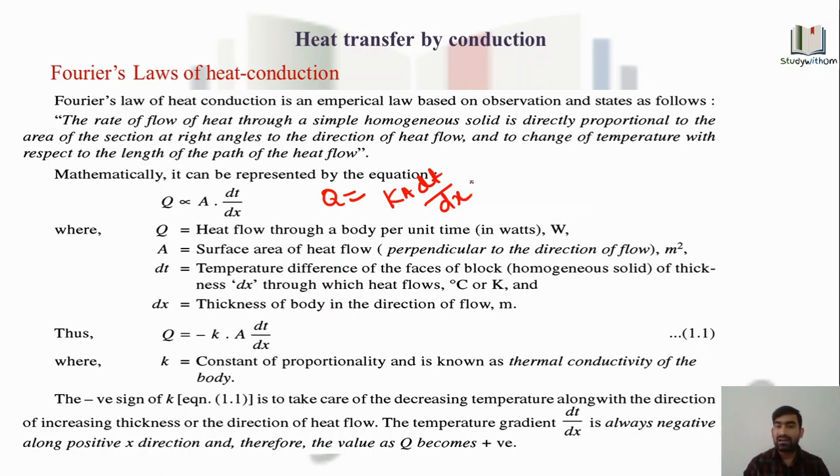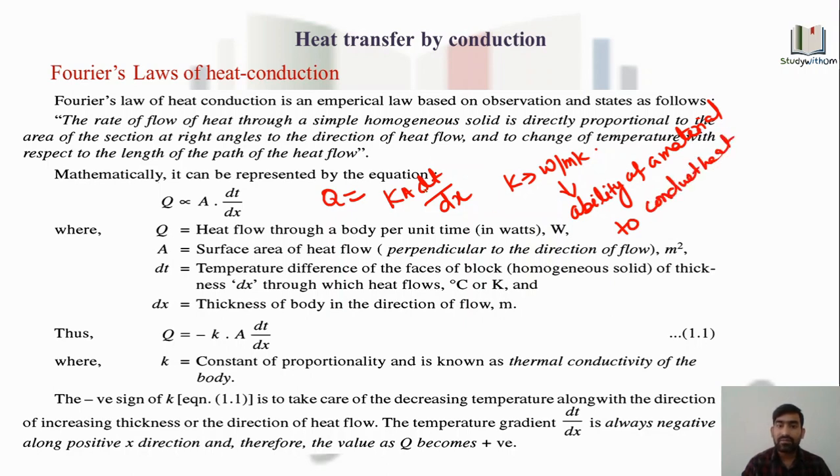K is the thermal conductivity in watt per meter Kelvin, which denotes the ability of a material to conduct heat. And A is the cross-sectional area from where heat is being exposed.